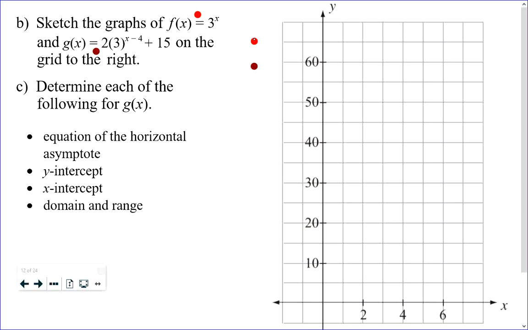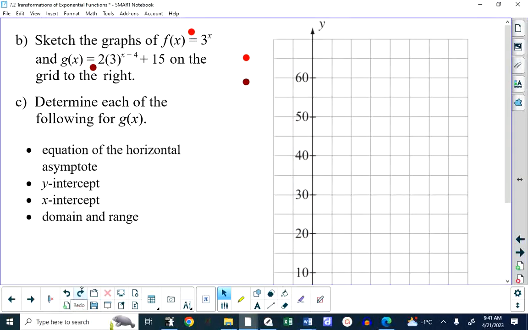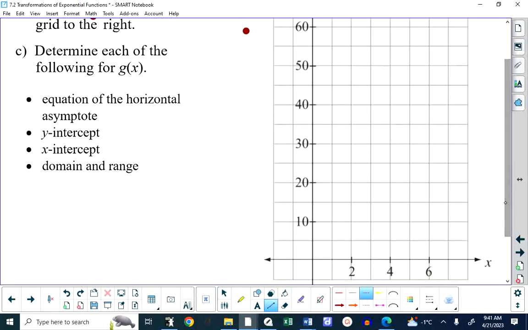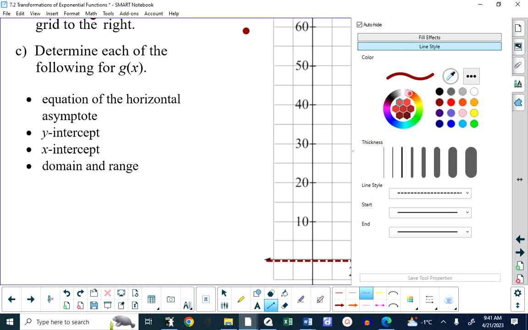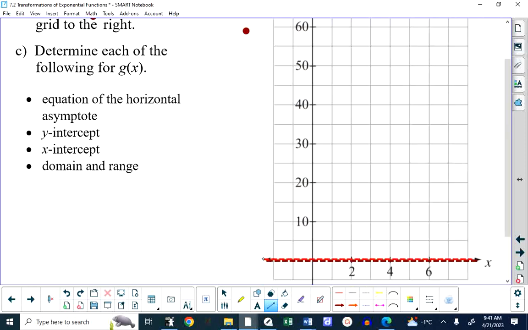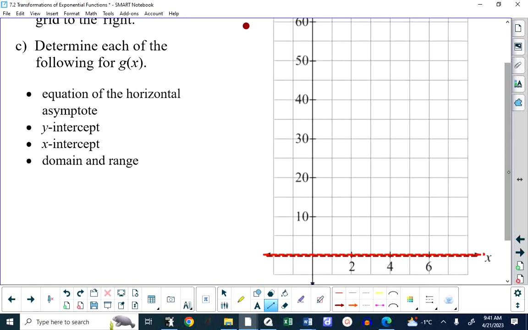Both of these functions, by the way, regardless of which one we're talking about, will have horizontal asymptotes on the x-axis, right? It doesn't matter. Because, well, actually, you know what? I totally misspoke there. Let me back up.